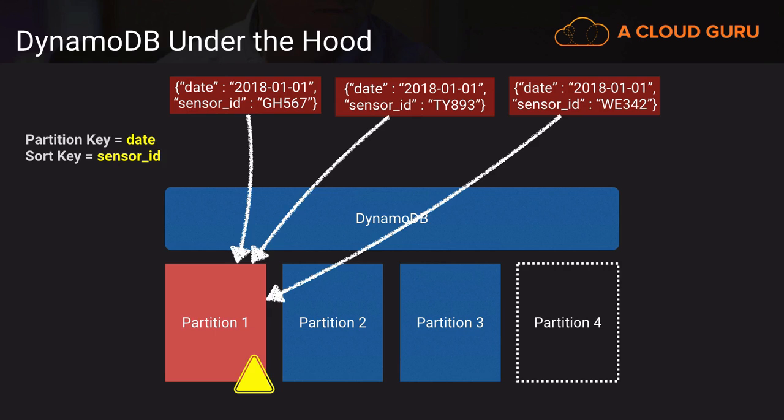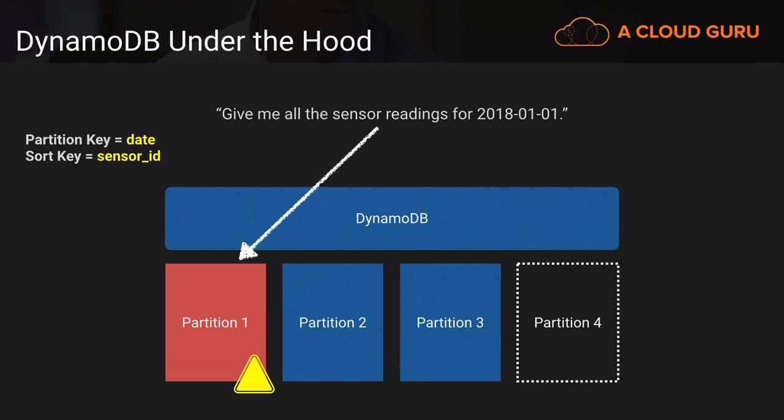So we're probably going to be consuming all of our write capacity against that one partition pretty quickly, whereas partition 2 and 3 go unused. Similarly, when we go to read it, we're going to be slamming a single partition and not distributing that load across all the partitions. This is known as a hot partition or a hotkey issue.